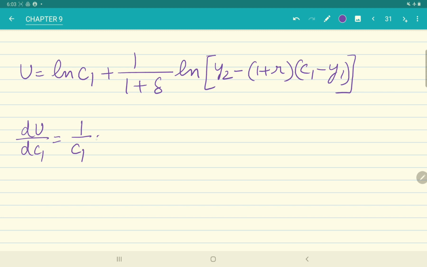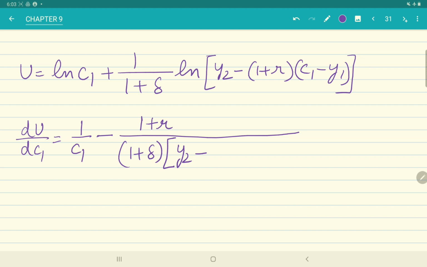We have to differentiate this with respect to c1, so I should go for minus (1 plus r), and then 1 plus delta, and then y2 minus (1 plus r)(c1 minus y1).